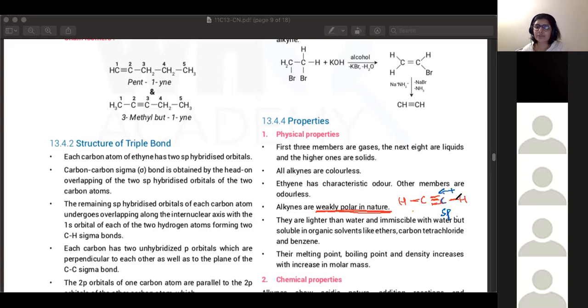This particular carbon pulls the electrons from the C-H bond towards itself, and that is the reason for the polarity. In ethyne, the electronegativity of the sp hybridized carbon is enough that ethyne shows a slightly acidic nature, which is why carbides are possible, right? So that is where the polarity comes from.